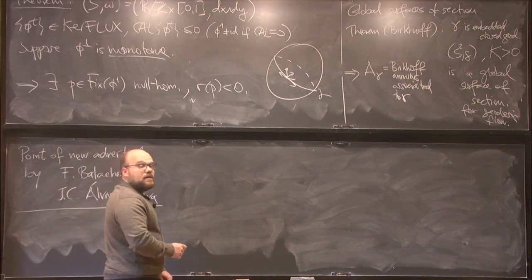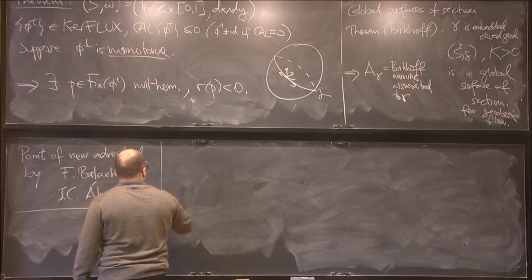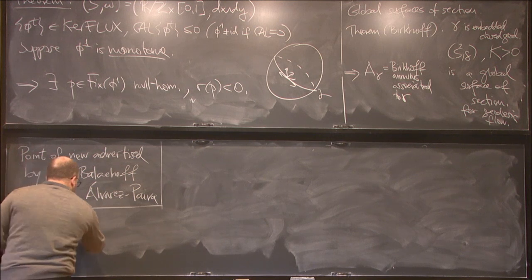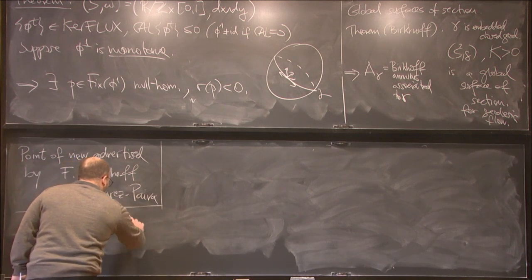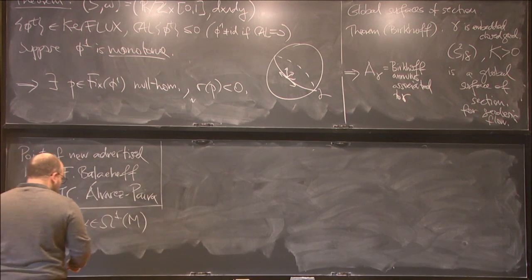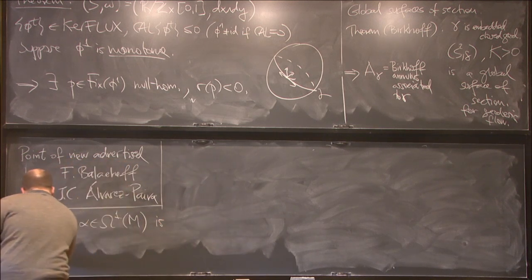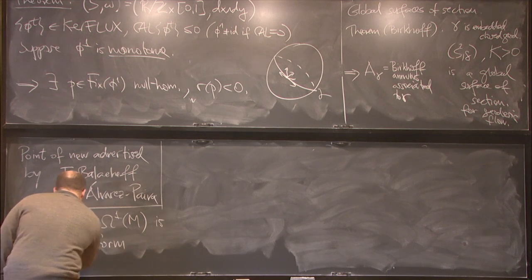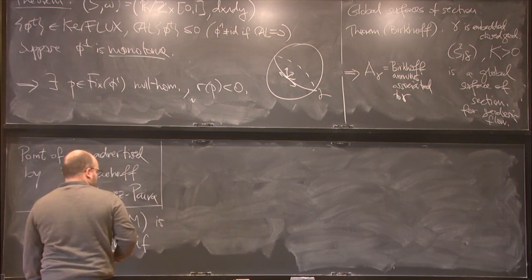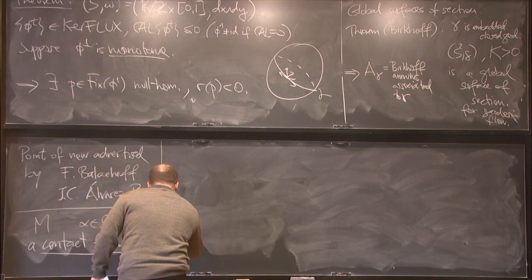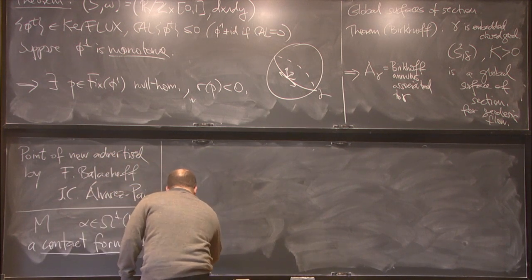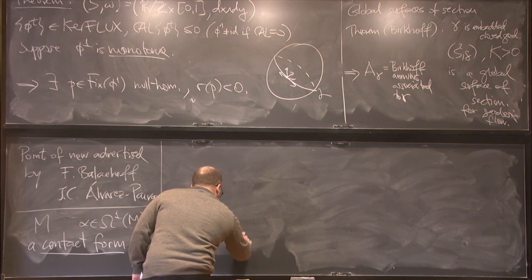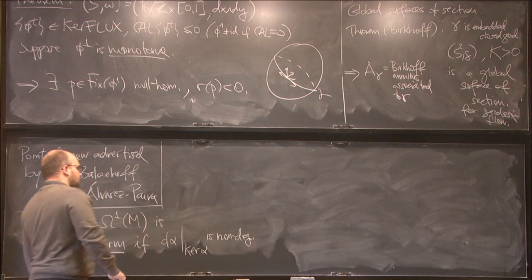Okay, so let me define what a contact form is. So here I have some manifold M, and a one-form alpha is a contact form if d alpha restricted to the kernel of alpha is a non-degenerate bilinear pairing at every point.